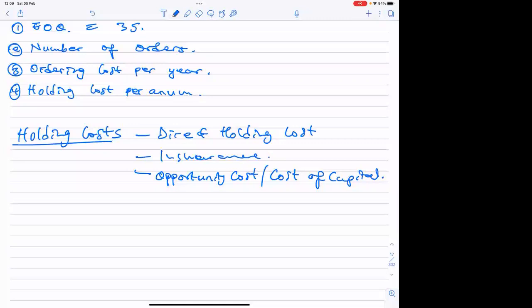Do you understand? Then the opportunity cost, we said it is the cost of taking another alternative. The entity decided to invest in inventory instead of investing in another investment. So because they chose to invest in inventory, we are saying that the entity has lost a return from other investments that they could have invested in.